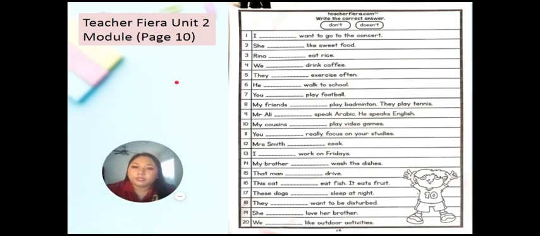Okay, next one is the exercise. Alright, let's see Unit 2 module, page 10. So here you have 20 sentences. You need to fill in either with don't or doesn't. So you look at the pronouns in front of the sentences, which one is suitable?